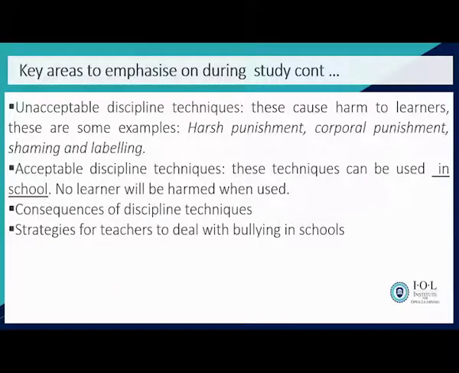And the consequences of the acceptable ones, it motivates a child, or it discourages a child not to do what is unacceptable. So the child will start improving also his or her schoolwork if that was going down, because the child will realize that if I do this, then this is where I'm getting, and if I stop this, then this is where I am heading.